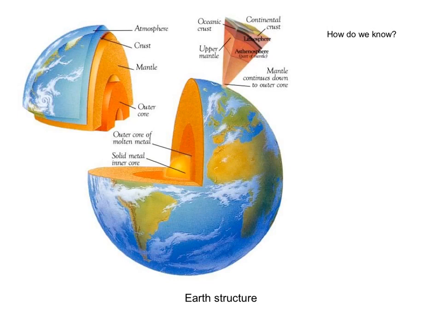Okay, so the core is primarily iron, nickel, and various compounds of metals with sulfur. We don't find lighter minerals like silicates in the core. Those have risen up to the top, in the mantle and in the crust.